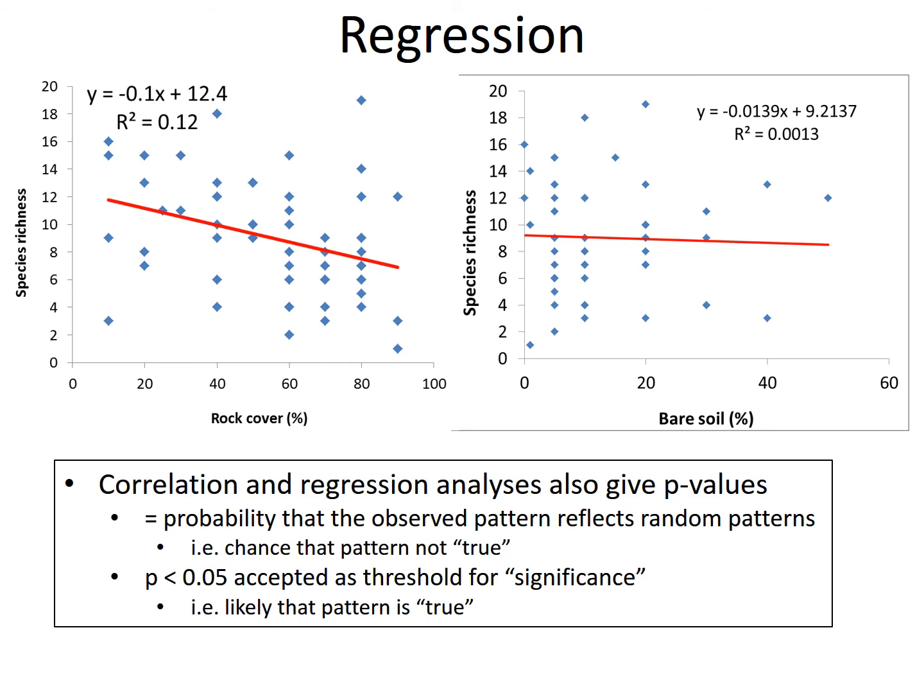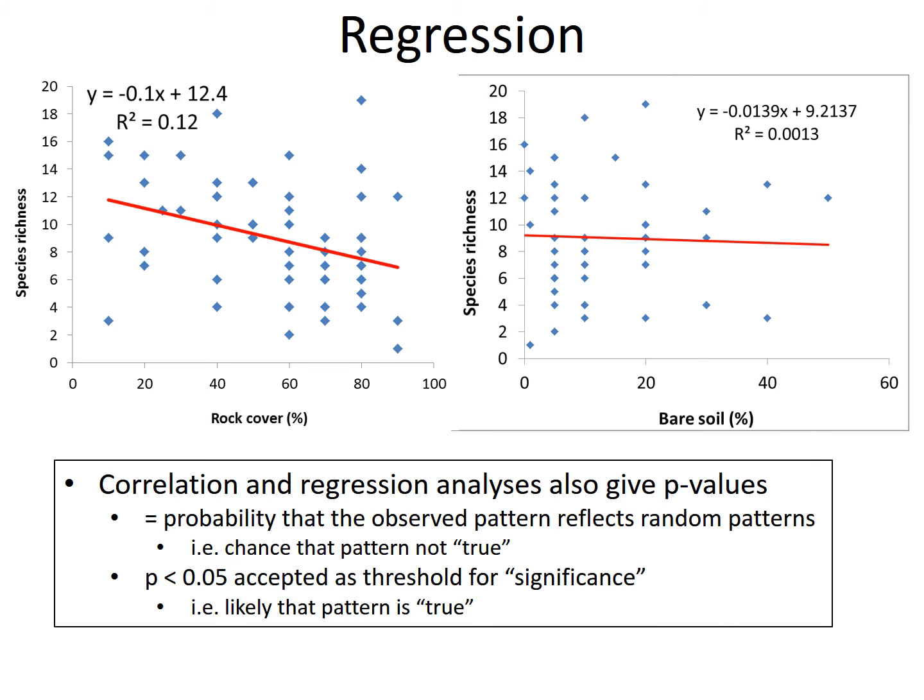I'd encourage you to go dig out your first year biometry textbook and have a read. But essentially what we're saying is that this p-value is a probability. Okay, that's why it's got the p. Probability that the observed pattern reflects random results, random patterns. Okay, in other words, the chance that the pattern that you see is not true.